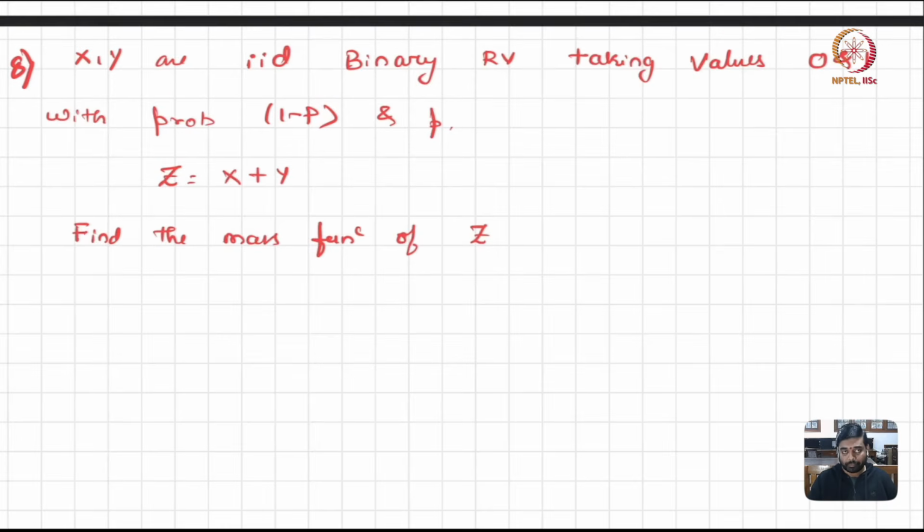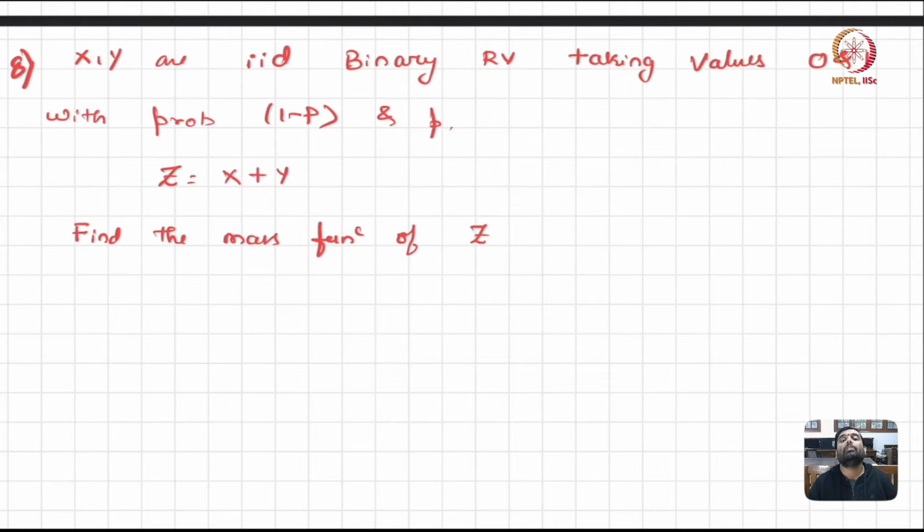In this question, x and y are IID binary random variables. IID, you know, means independent and identically distributed. We discussed it at quite a length. Remember that, a very important assumption. To understand that assumption itself, we are trying to handle this question.